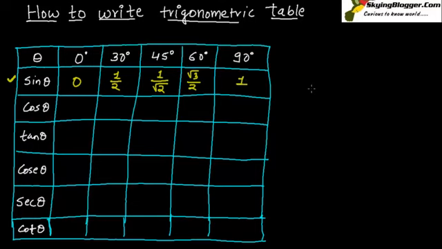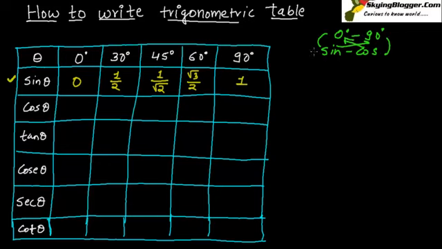As we have already learned, in sine and cos from 0 to 90 degrees, when sine is 0, cos is 90, and when sine is 90, cos will be 0.